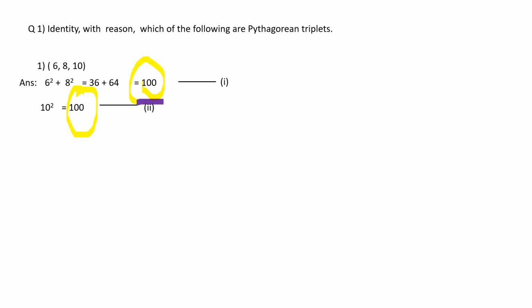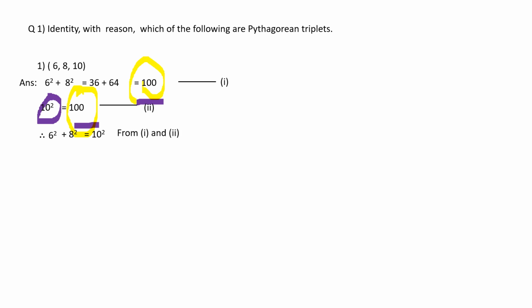From these two, what is the conclusion? Here the largest number's square, that is 10 square, is equal to the sum of the squares of the remaining two numbers. Therefore, we write 6 square plus 8 square is equal to 10 square.